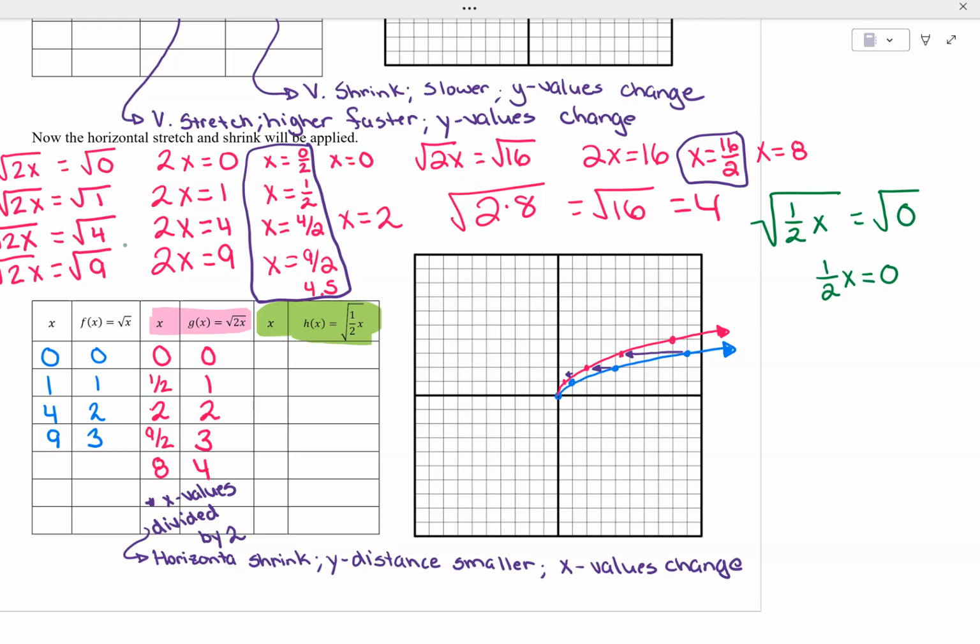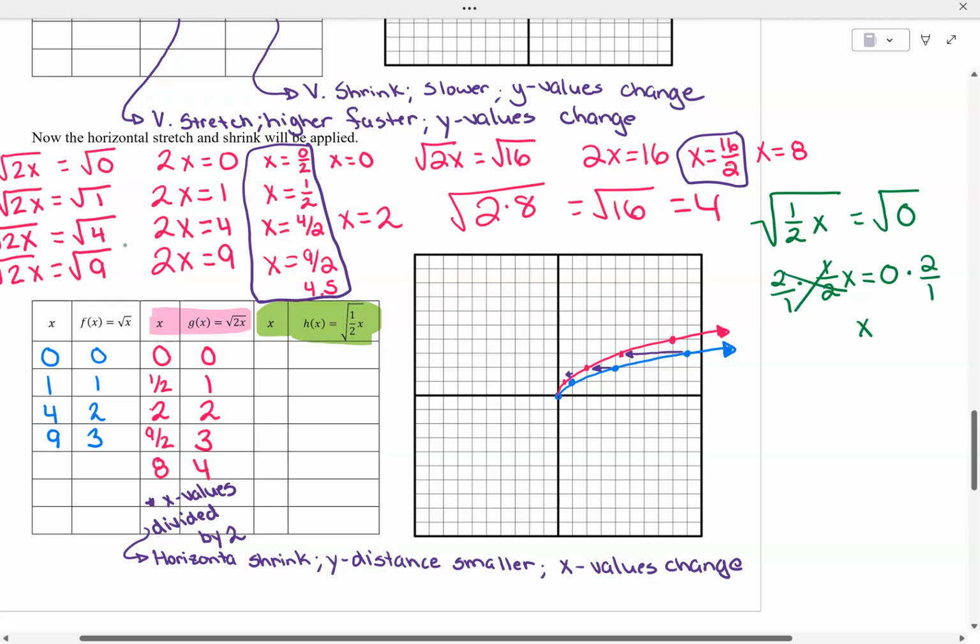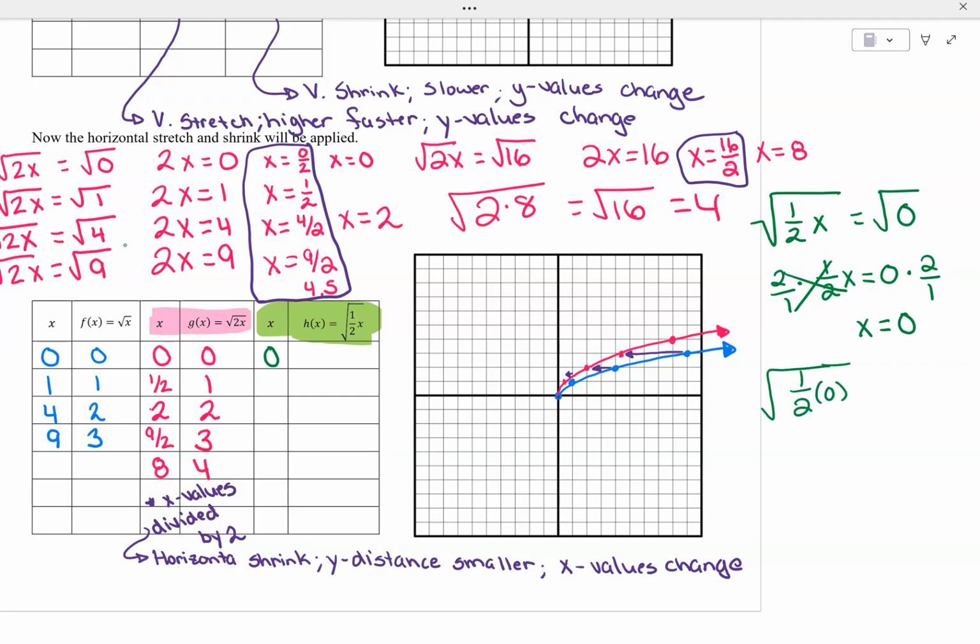Well, I want you to think about it. We have to multiply both sides by the reciprocal. So x equals 2 times 0, which is 0. So that means my x has to be 0 so that when I plug in 0, I get the square root of 0, which gives me 0. Okay?